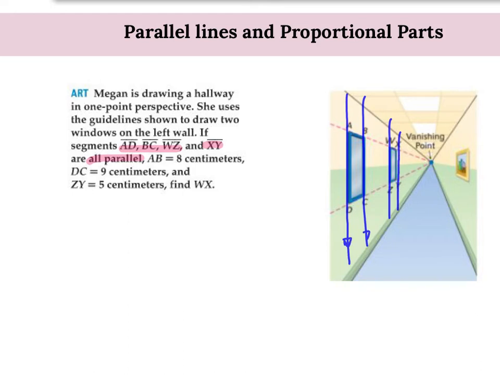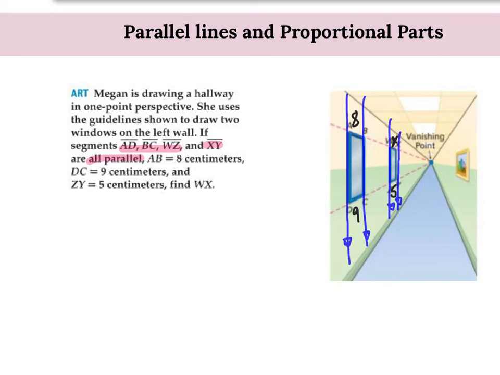So we'll put our little triangles here so we know these are our parallel lines. Okay, I'm told that AB equals 8 centimeters. So right here is 8. DC is 9. So that's the bottom of my picture frame or my window. Okay, ZY is 5 centimeters. And I need to find WX.